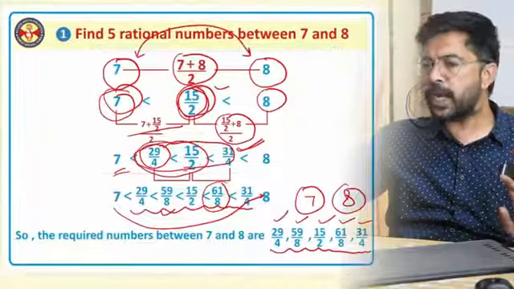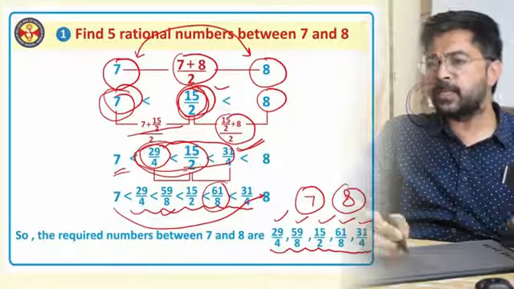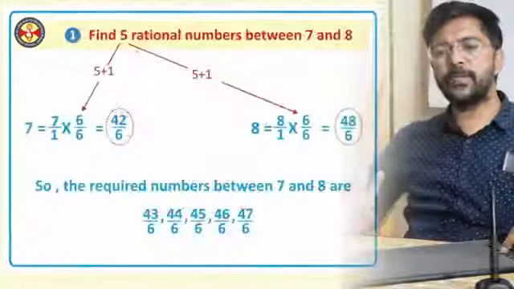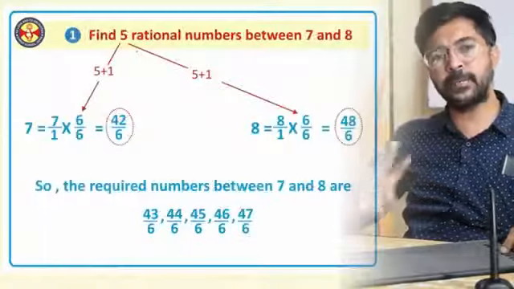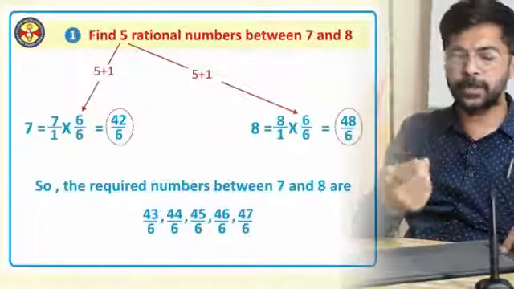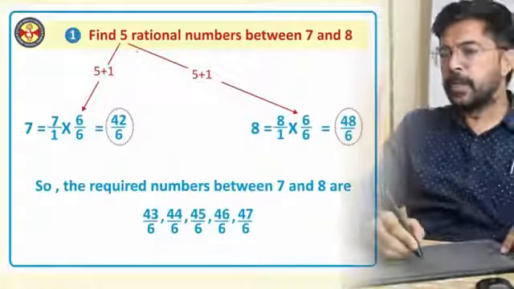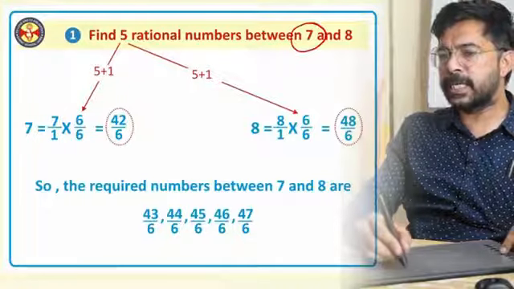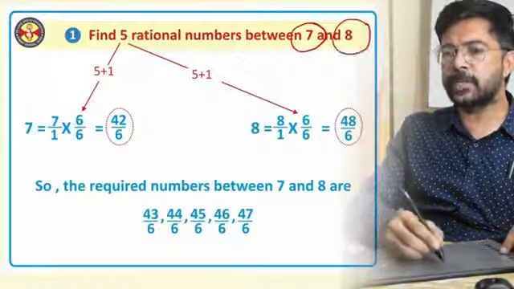Now let us try to find five rational numbers between 7 and 8 using another method. Let us find five rational numbers between 7 and 8 using the second method. Suppose two given numbers are 7 and 8. We have to find five rational numbers.